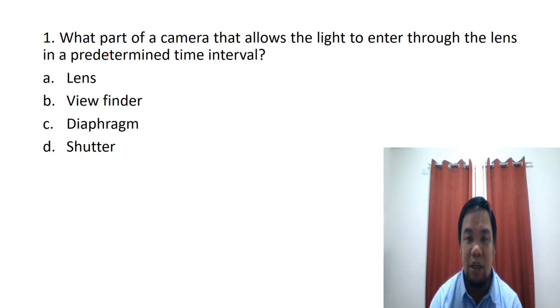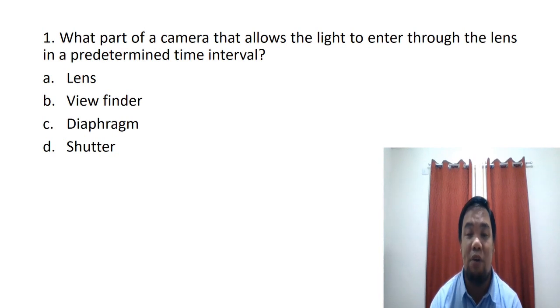The keywords are the following: the predetermined time interval. So we go to the choices. A, lens. Of course, that is not the answer because we do not use time interval in using or rotating the lens. So remove the lens.